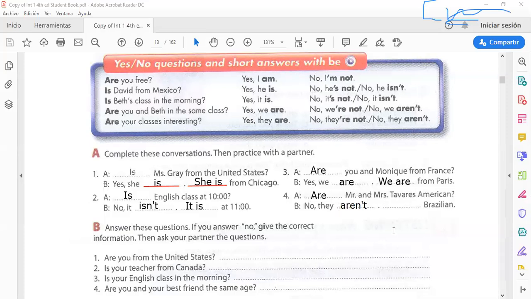Or no, they're not. Yes, Niobe, it's the same. And Brazilian. They are Brazilian. Okay, so those are the answers of that exercise.